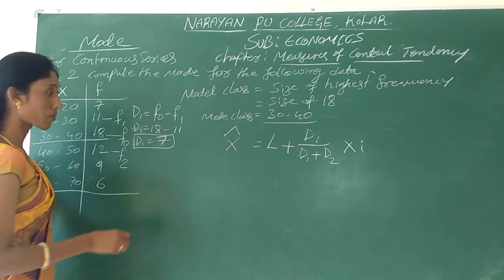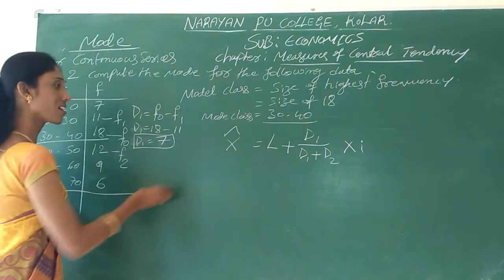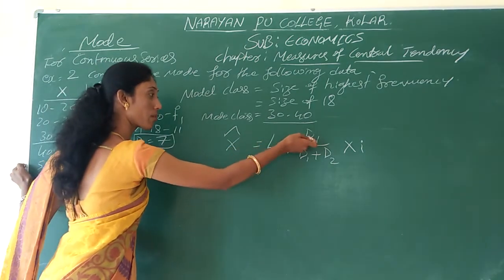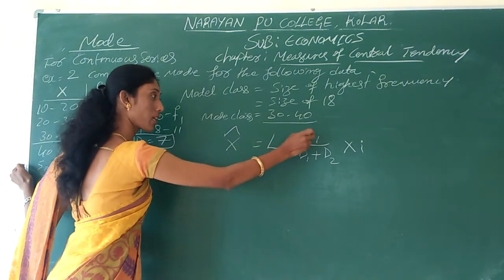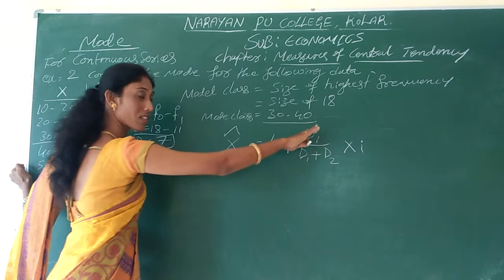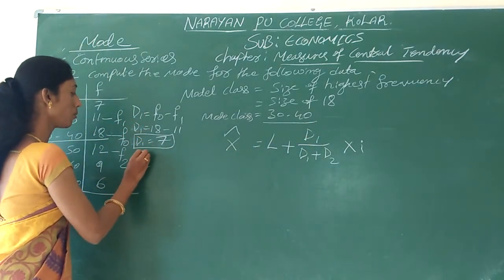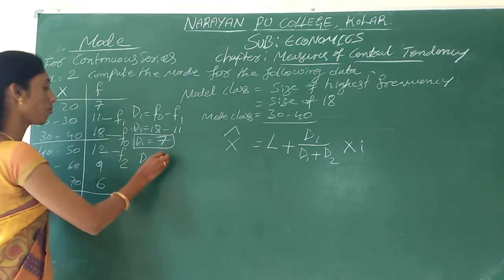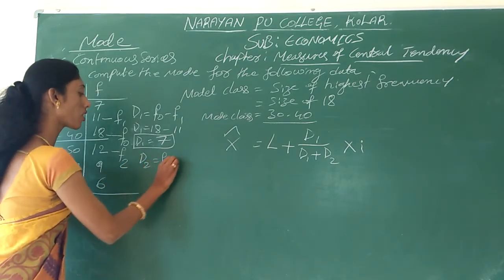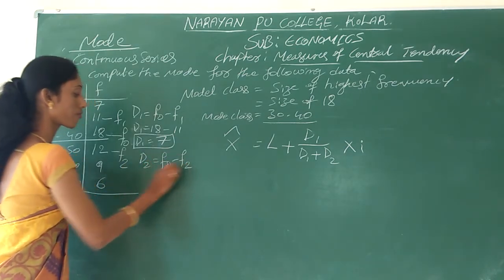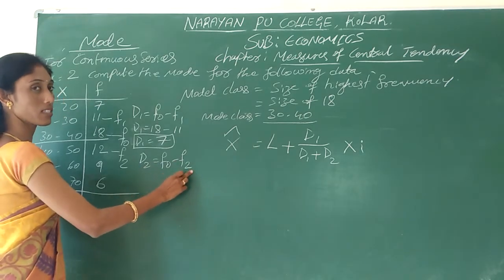Got it? Or else you can simply write D1 as 18 minus 11. D2 is equal to F0 minus F2.